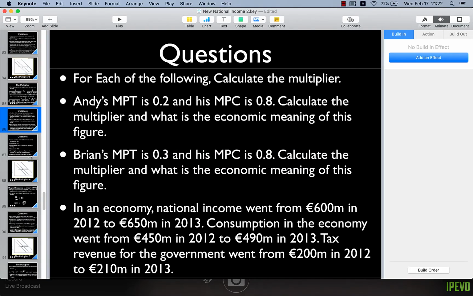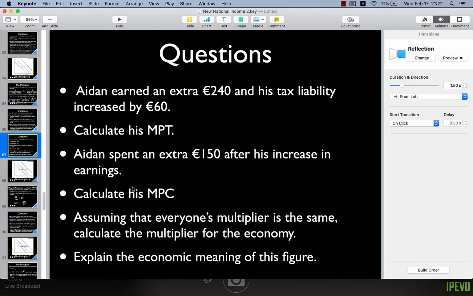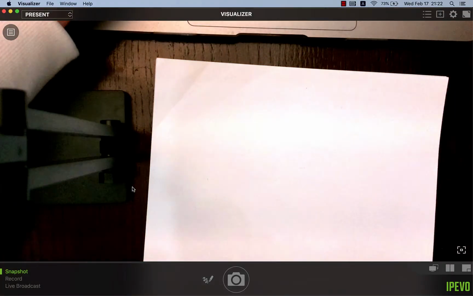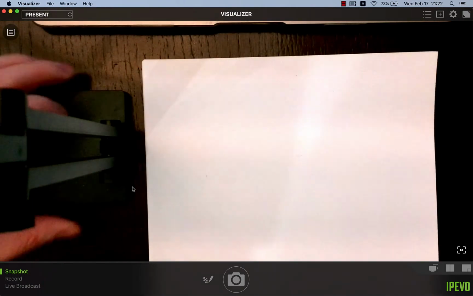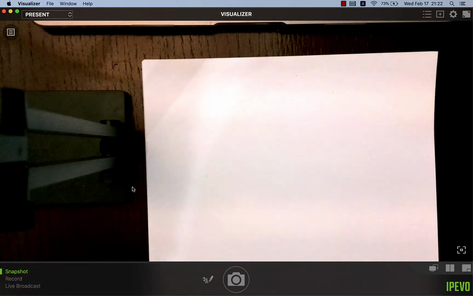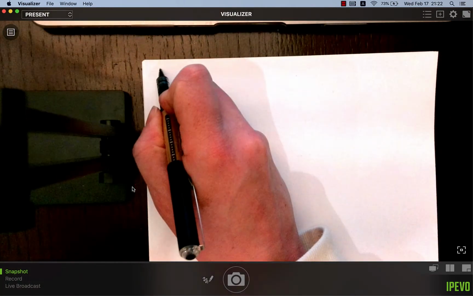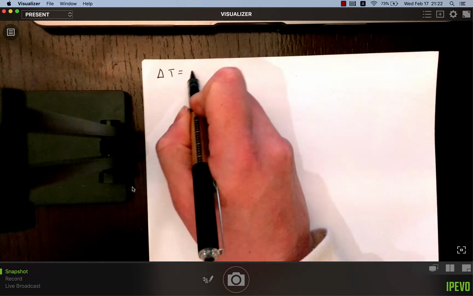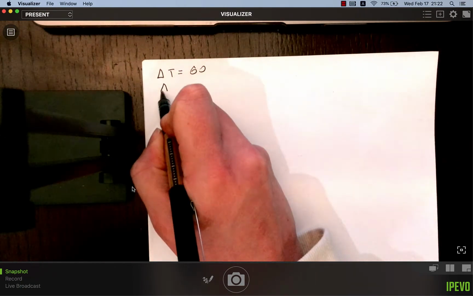Now, the last question, which is this one here. Let's see. Now, this one looks difficult. So, Aidan earned an extra 240 and his tax liability went up by 60. So let's write that bit out. So the change in tax equals 60 and the change in income equals 240.